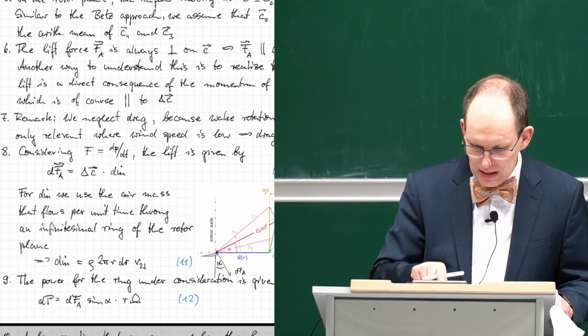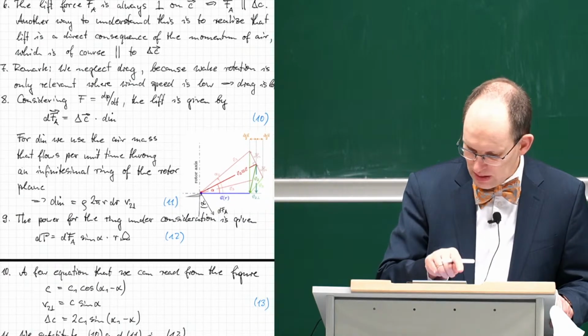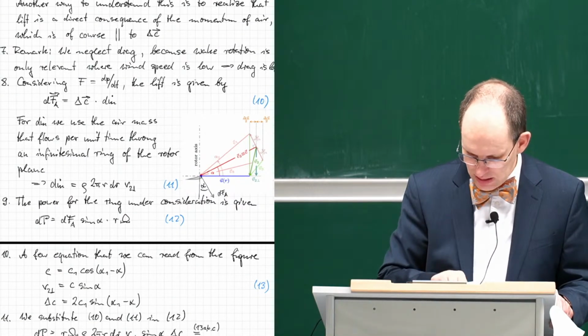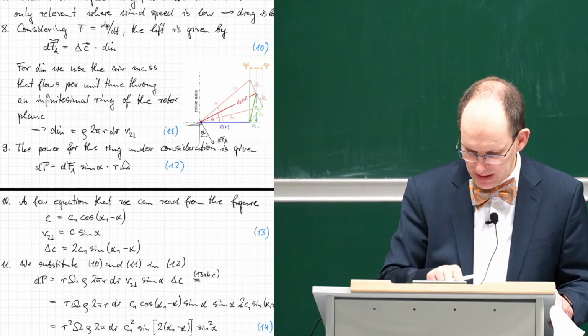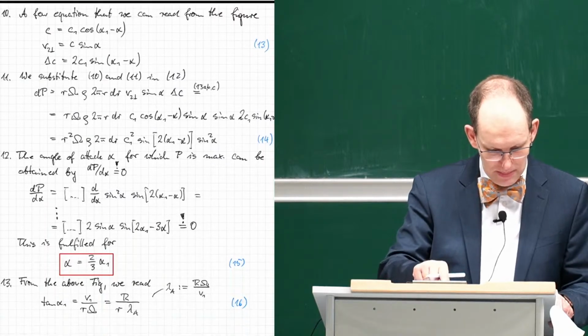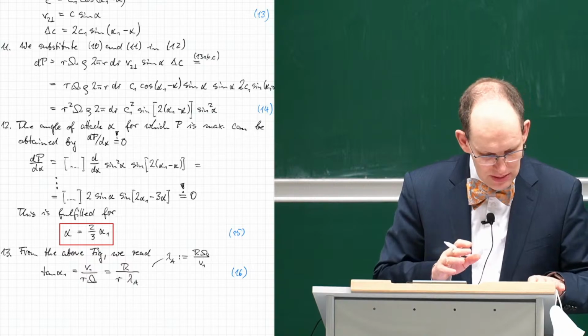This is the equation with the lift force, and actually probably I use equation 12 later in order to calculate the power. No, actually, I do it with equation 10.